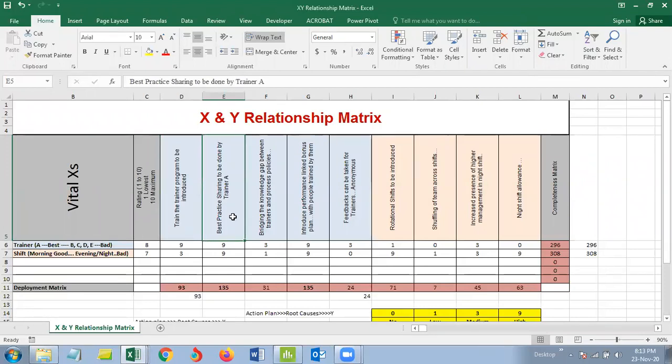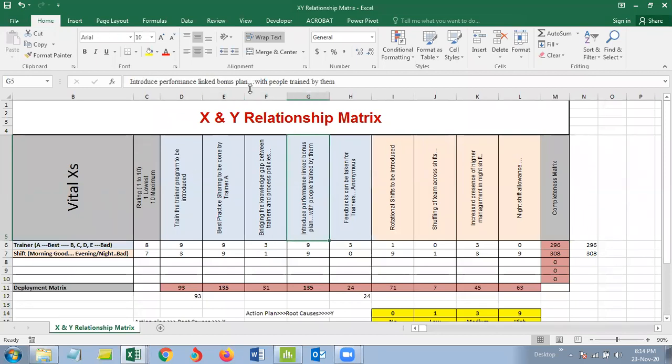Best practice sharing to be done by trainer A. My trainer A is the best person, a role model for everyone. Why not have this guy tell everyone the trade secrets, how he manages to do his job, so others can also learn from him. Bridging the knowledge gap between trainers about process, policies, and everything will help us narrow down the gap and bring everyone to a common level.